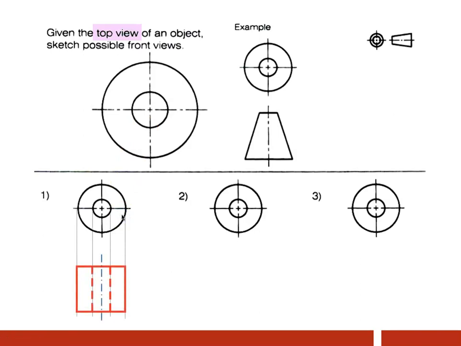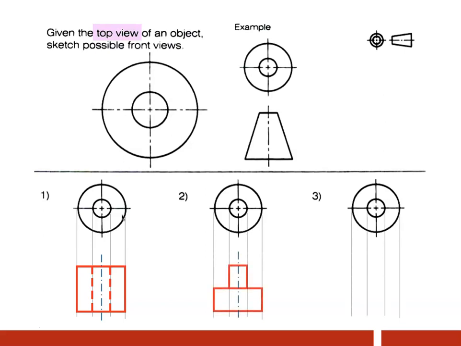Okay, so this one is a hole. Another one can be a stacked cylinder. Another one would be, this one is not very common. You have something looking like this, which is actually common in our drawing in a lab, if you noticed. So these are our possible answers.